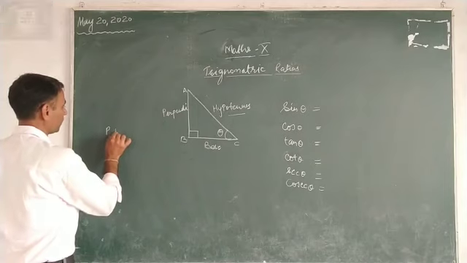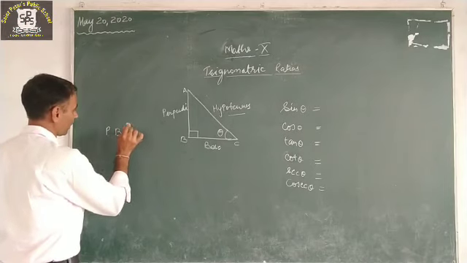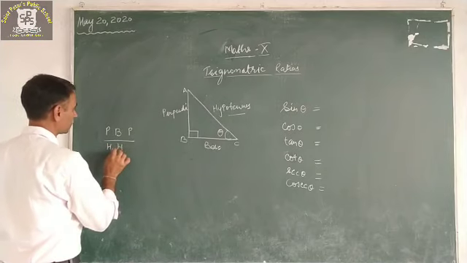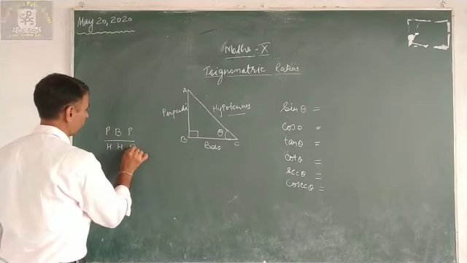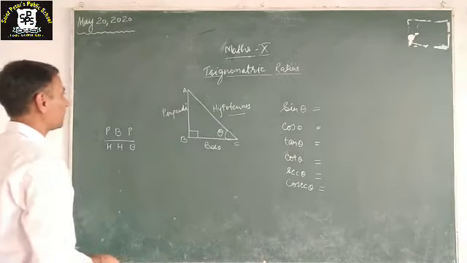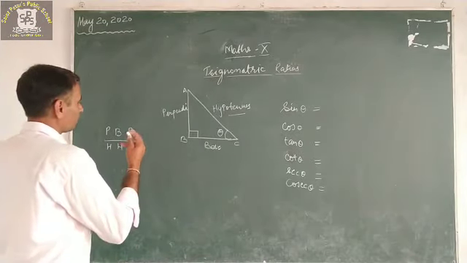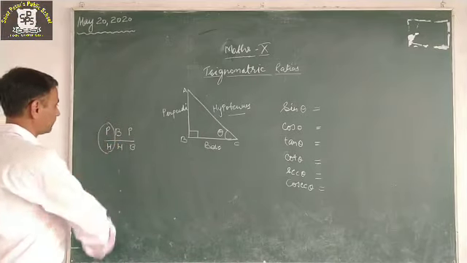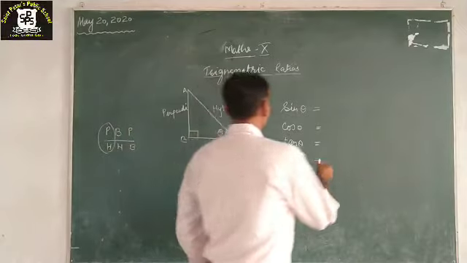So to remember these, we have perpendicular, base, perpendicular, hypotenuse, hypotenuse, and base. So for sine theta, the relation is between perpendicular and hypotenuse.